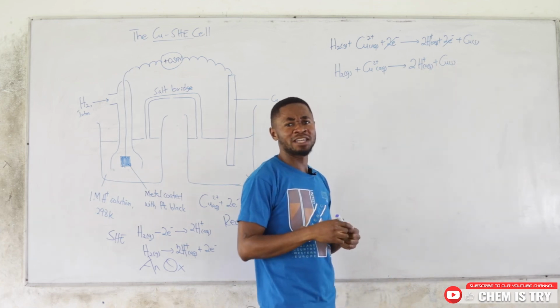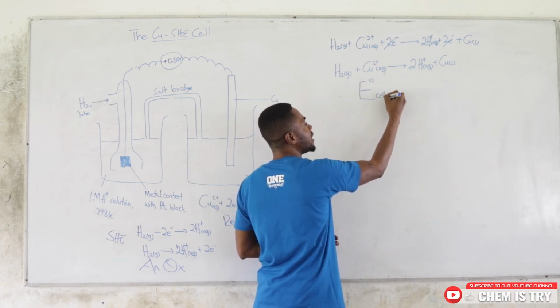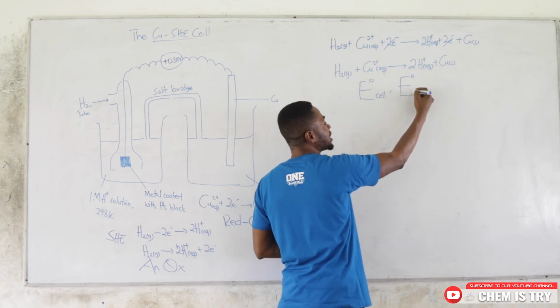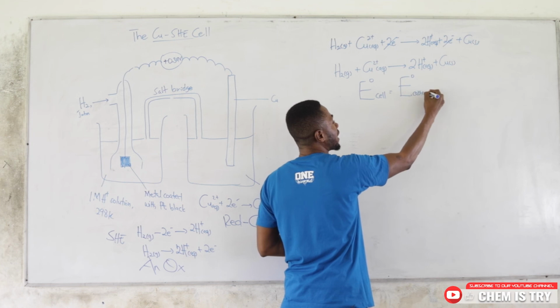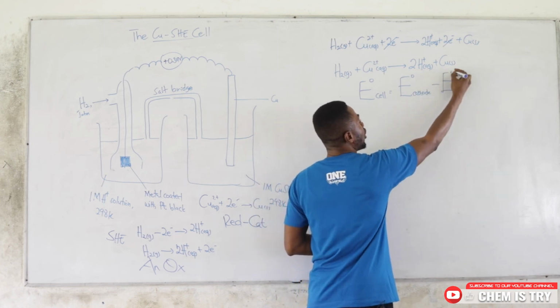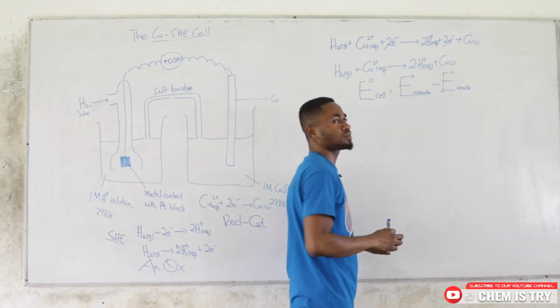What did we say about the EMF? We said the EMF of the whole cell is giving us the standard electrode potential of the cathodic half cell minus that of the anodic half cell.